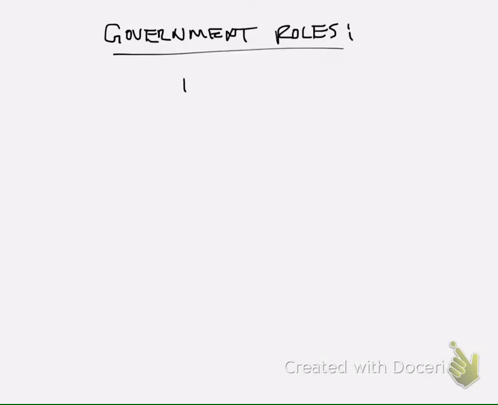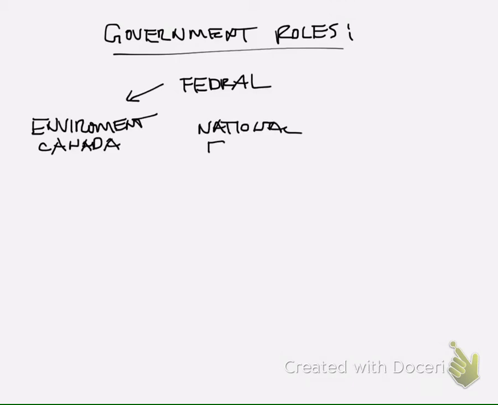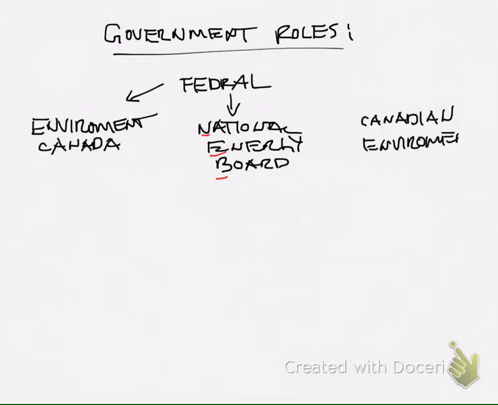So now that we've talked about all these pollutants and some general terms on how they're monitored, the last little bit is on the government roles. There's the federal level, provincial level, and municipal level, and we'll talk federal and provincial here. At the federal level, we have Environment Canada, the National Energy Board, NEB as it's often called, and the Canadian Environment Assessment Agency.